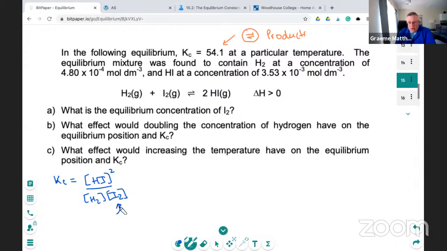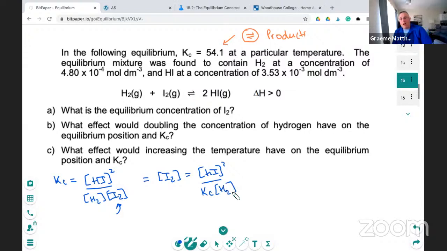So how I would do it, chemist, is I would rearrange this to get I2 on the left-hand side. So I would say I2 is equal to HI squared over Kc times H2.